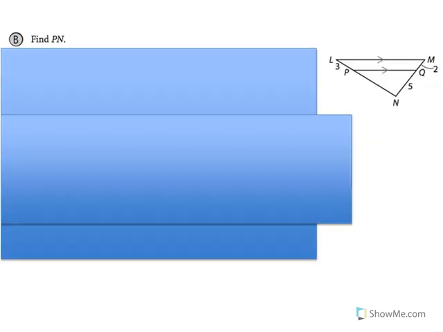Right. Okay, next example, solve for PN. Given that these two lines are parallel, we can say that 5 over 2 equals PN over 3. And then from there, use our cross product.